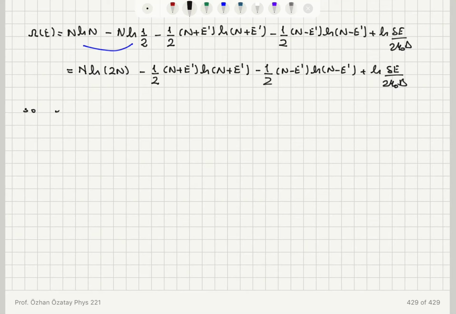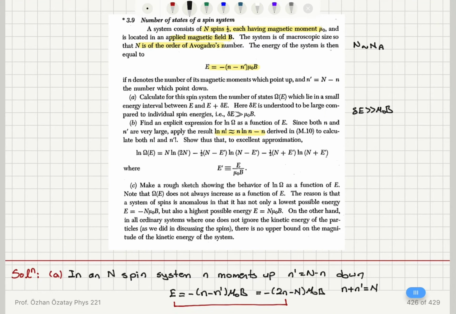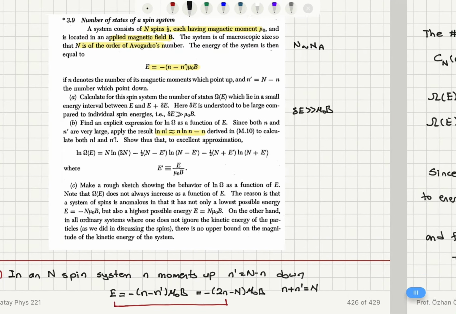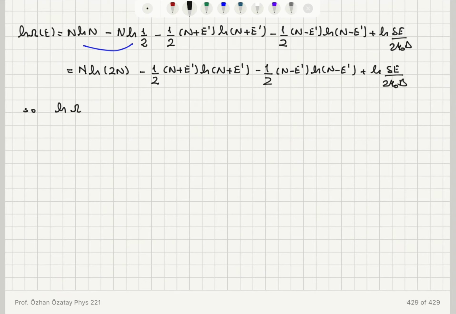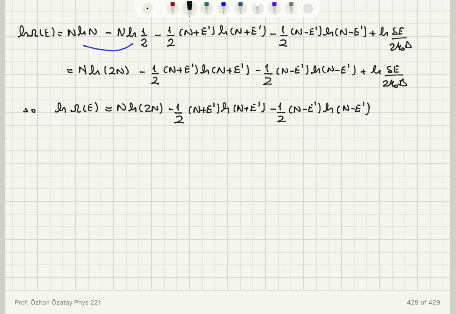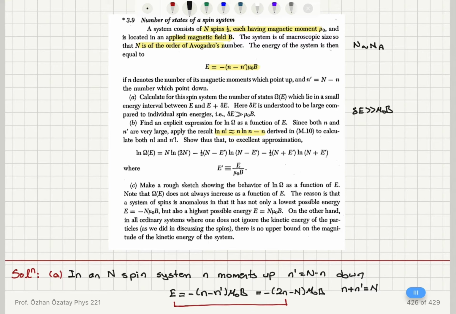So we can write eventually for ln omega e, so that's what we're doing here, ln omega e is basically capital N ln 2n, and then we have minus 1 over 2 n plus e prime ln n plus e prime minus 1 over 2 n minus e prime ln n minus e prime, so e prime is e over mu 0 b.